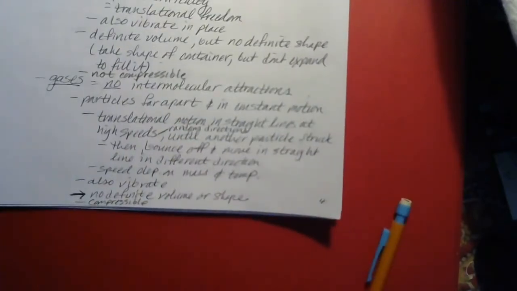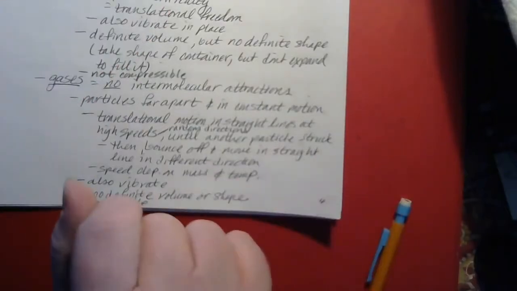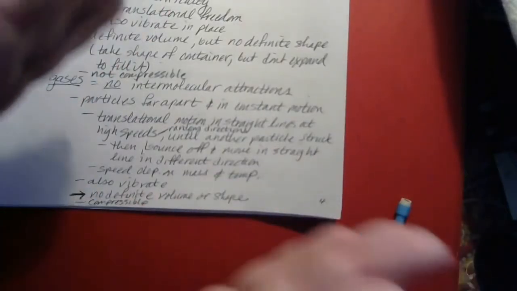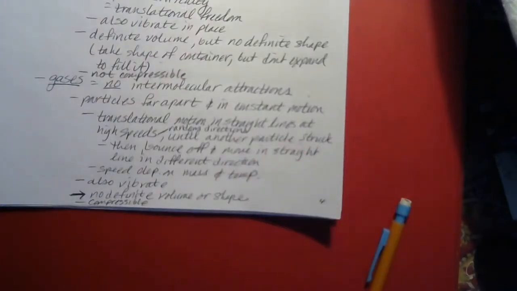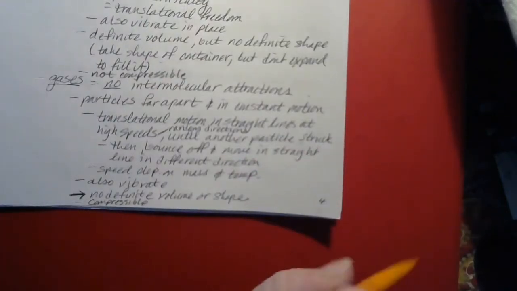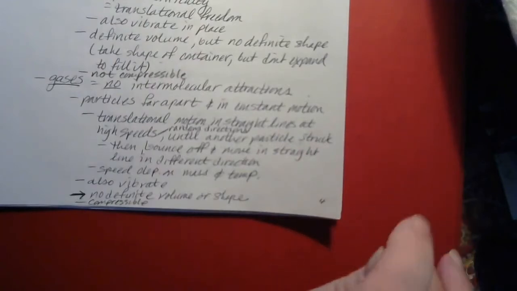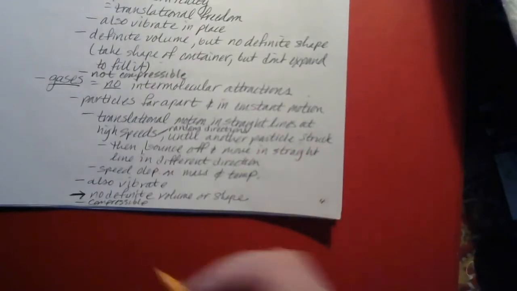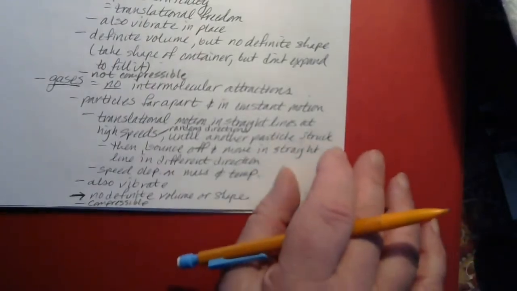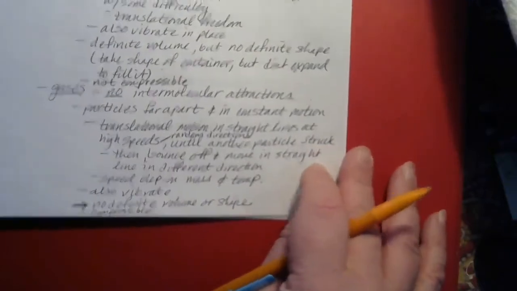And so it's easy to push them together. There is a limit. If you push them too close together, then they start repelling each other. And that doesn't usually happen, though, until they're sort of on the verge of condensing into a liquid. But yes, gases are compressible within broad limits.